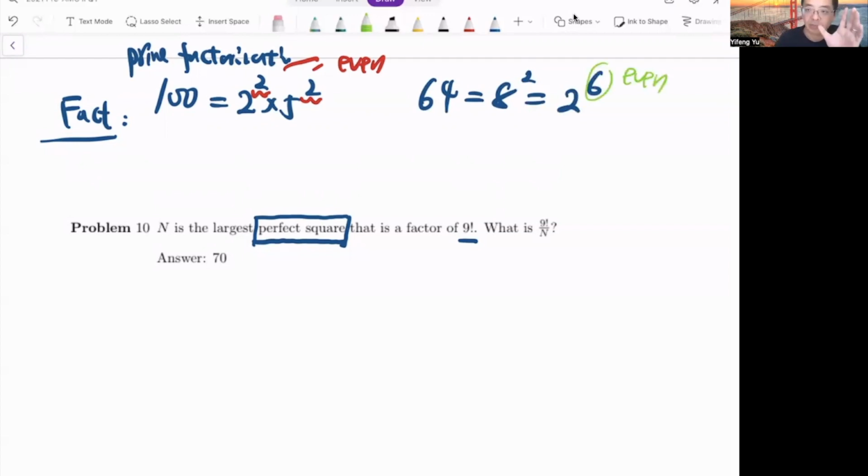All right, so what's the point? The point is a number is a perfect square if and only if all the exponents in its prime factorization are even numbers.